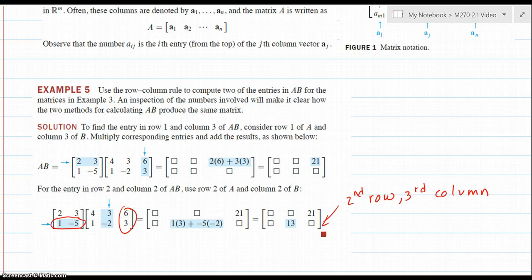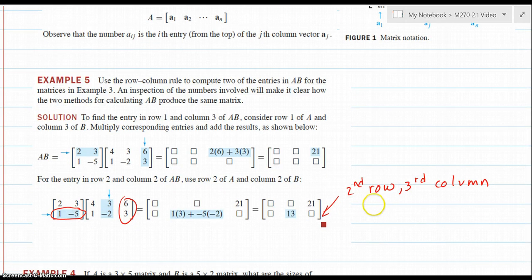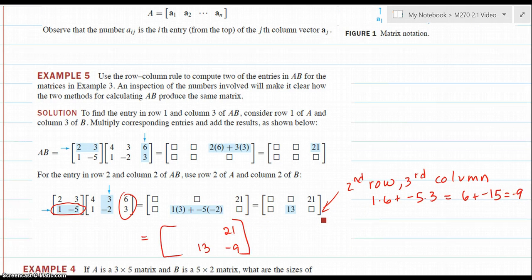So then I'm going to get 1 times 6 plus -5 times 3, which is 6 plus -15, which is -9. And if you continue to do this, you can check to see that you will get the same answers.